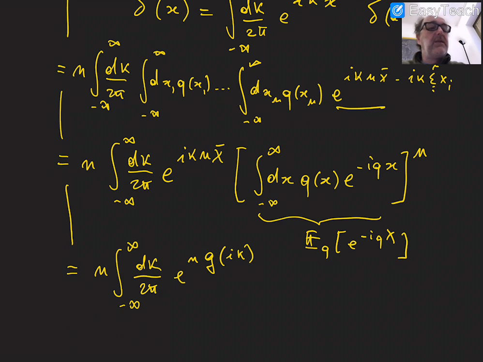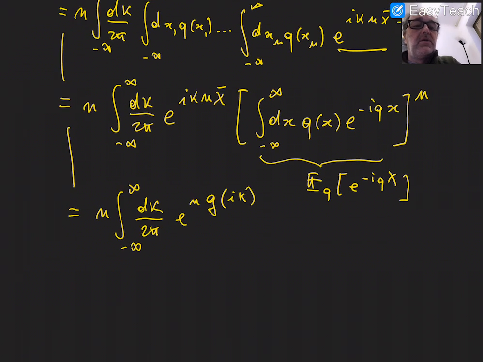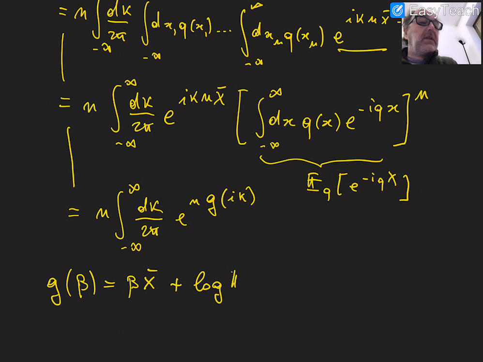And this function g of, let's call it beta, is beta times x bar plus the log of the expected value over q of e to the minus beta times x.